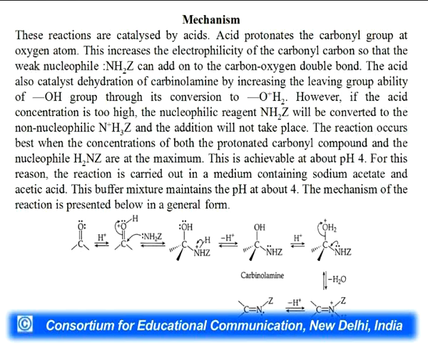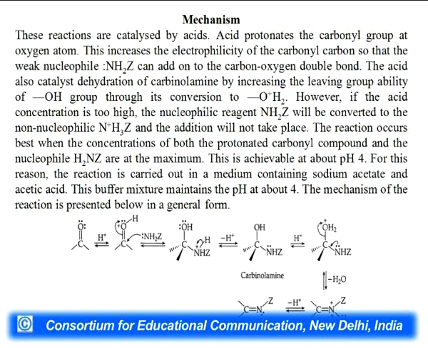However, if the acid concentration is too high, the nucleophilic reagent will be converted to the non-nucleophilic compound, this is N+H3Z. So, we should keep in mind the acidity should be maintained, but the concentration should also be maintained. Otherwise, the addition product will not form.